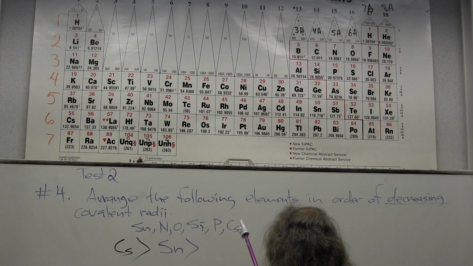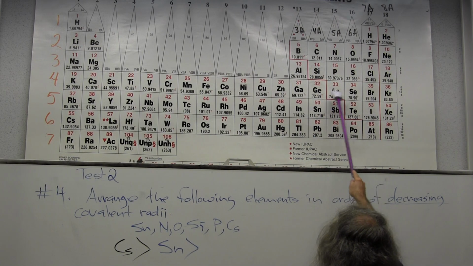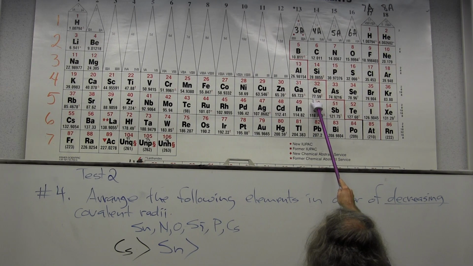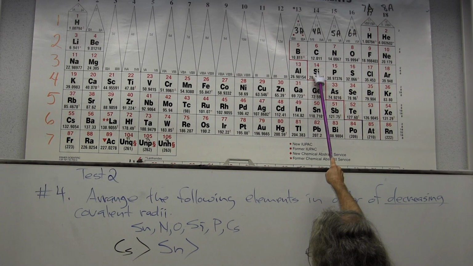and now I've got cesium, tin, I'm going to go around here. Are there any more in this row? No. I go up directly from tin, I have silicon.